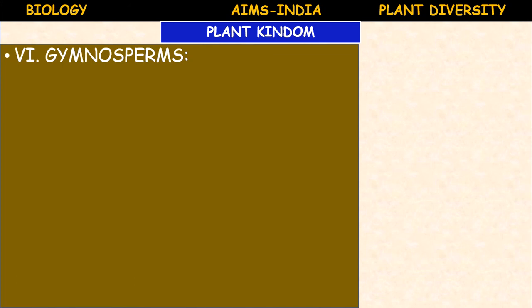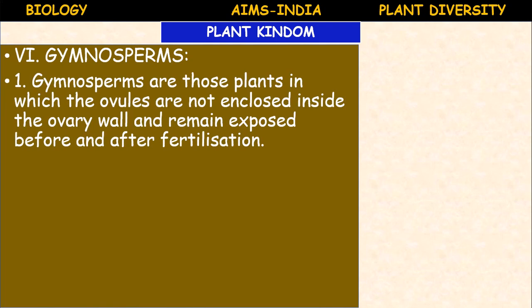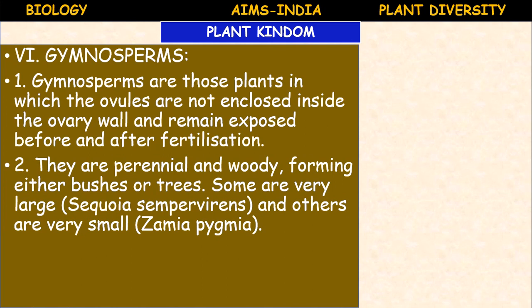Okay. Now come to Gymnosperms. What are Gymnosperms? Gymnosperms are those plants in which the ovules are not enclosed inside the ovary wall and remain exposed before and after fertilization. So that's why gymnos means naked, sperma means seed, naked seeded plants. They are perennial, means live for a long time, and woody, forming either bushes or trees.